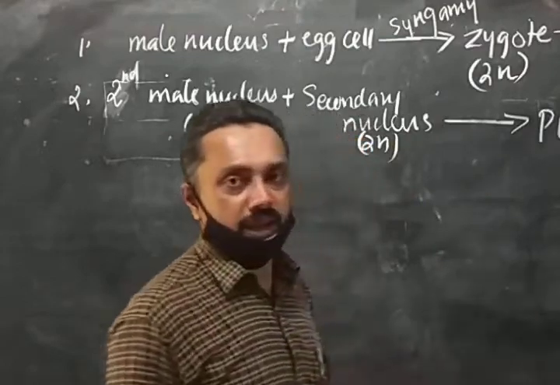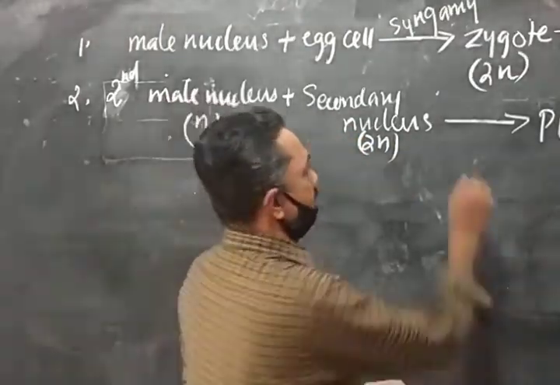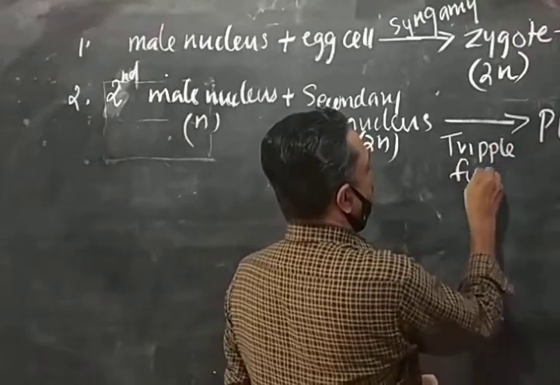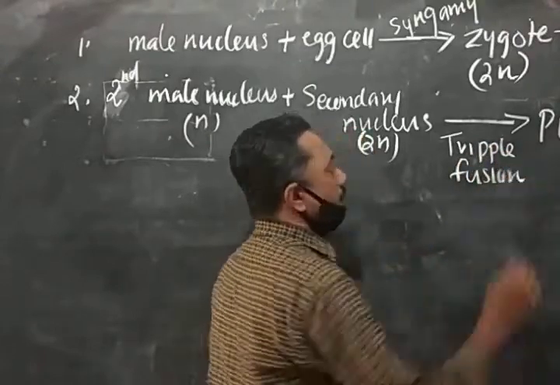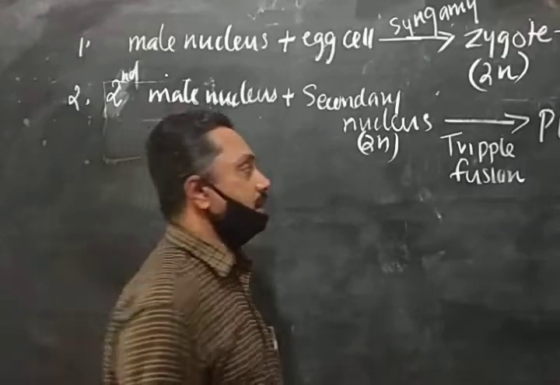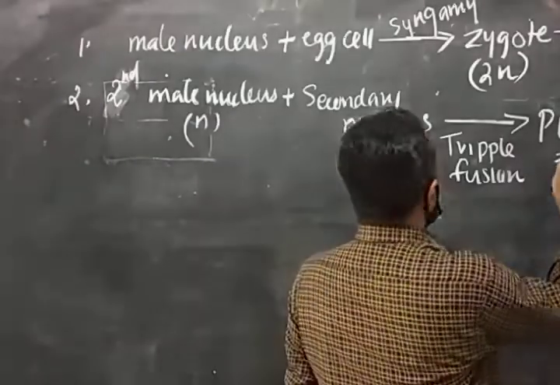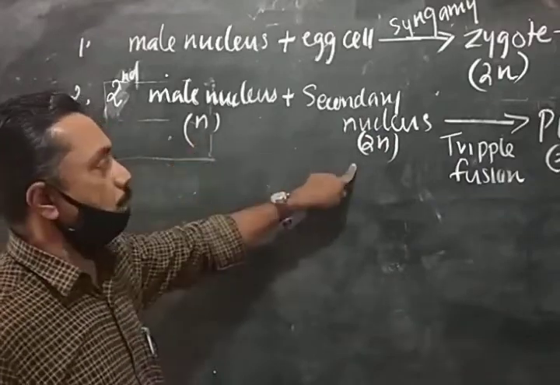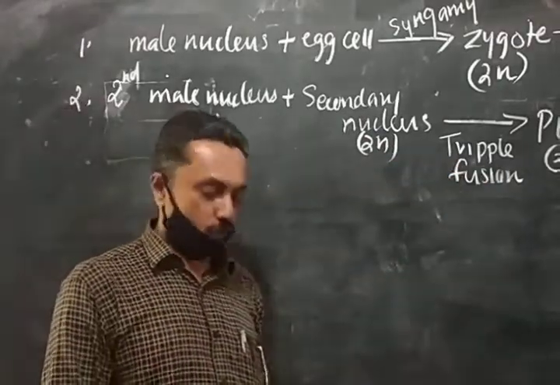I represent it as PEN, primary endosperm nucleus. That process is called triple fusion, resulting in a triploid primary endosperm nucleus, because haploid plus diploid gives three sets of chromosomes.